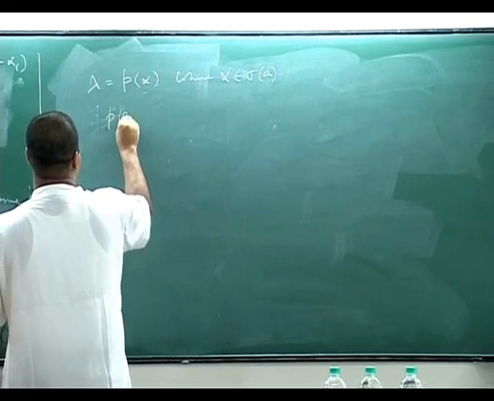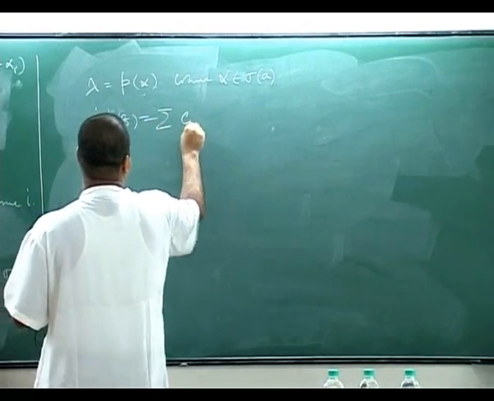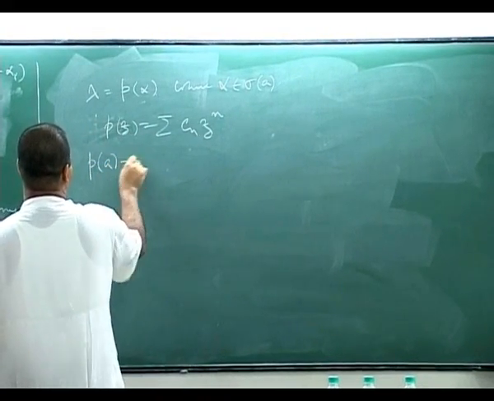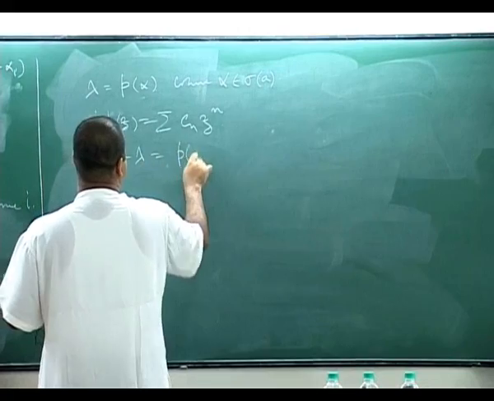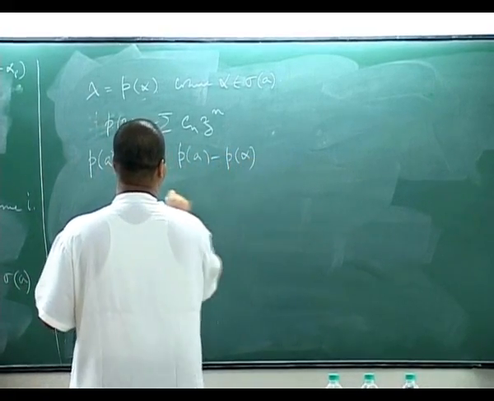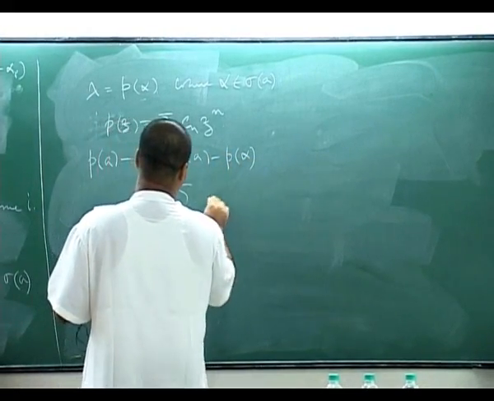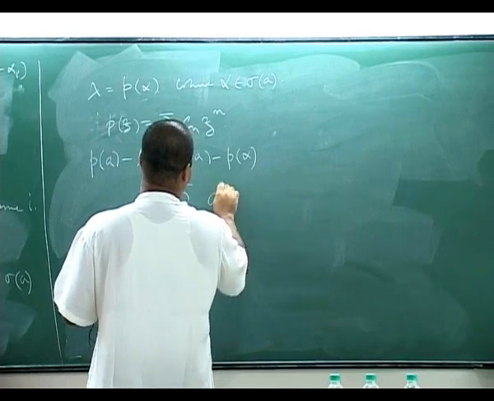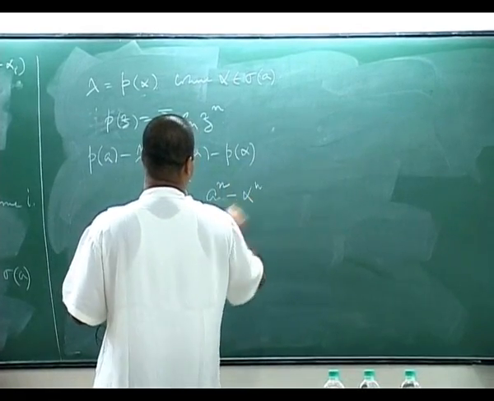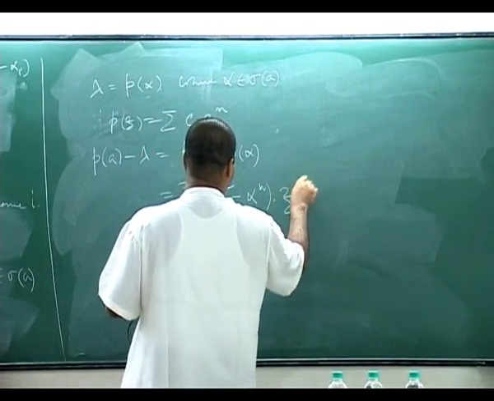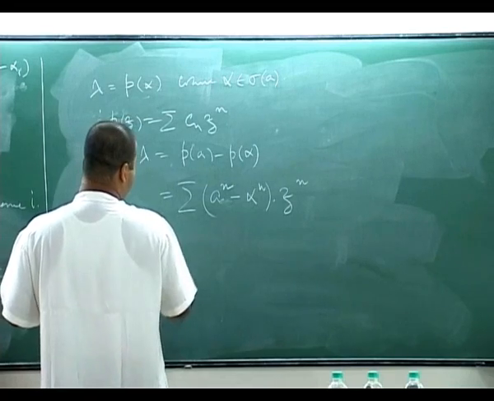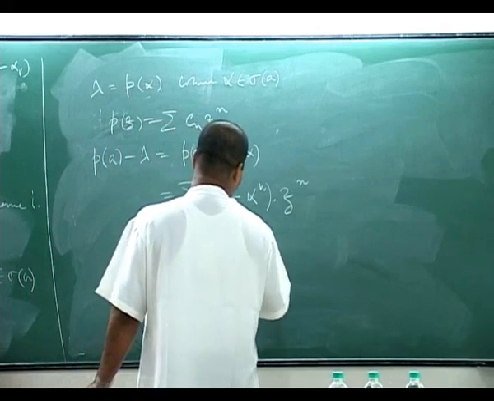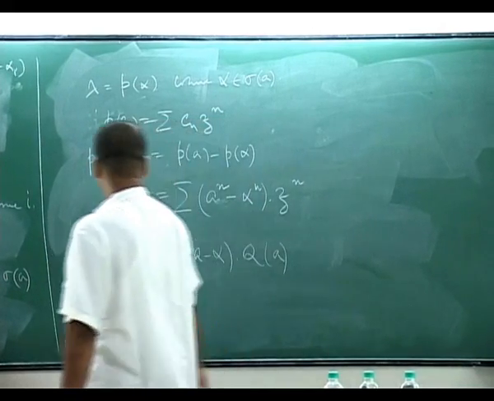Again, let's suppose P(z) is like summation c_n z^n. So P(A) minus lambda, which is P(A) minus P(alpha), is like summation c_n times (A to the power n minus alpha to the power n) times z^n, and this is equal to (A minus alpha) times another quantity.